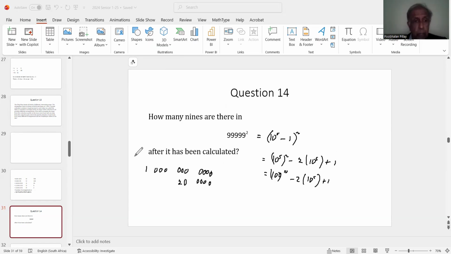So when you subtract these 2, we can see very quickly 0 minus 0, 0 minus 0. Now here you got 10 minus 2 is 8. And then you borrow 1. And after this, from this point onwards, you got a 9 under this 0, and you got 3 nines under these 3 zeros.